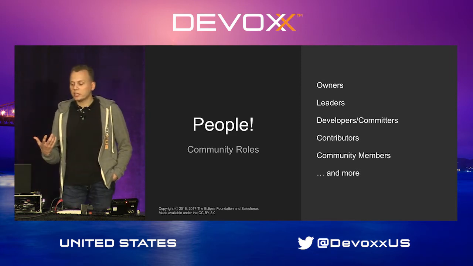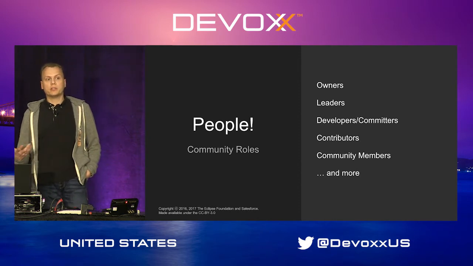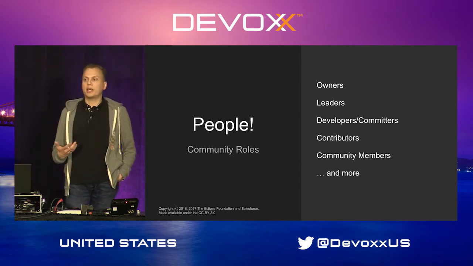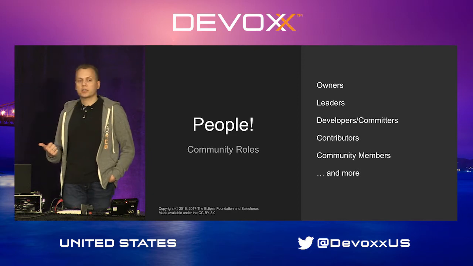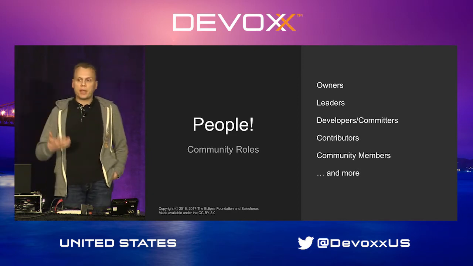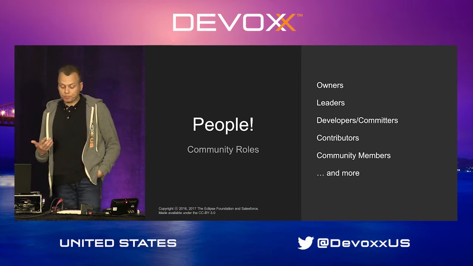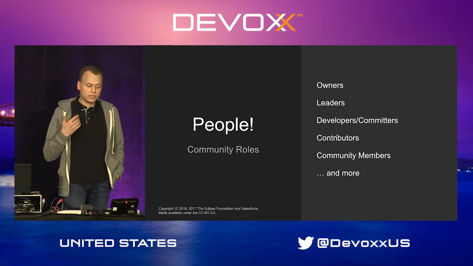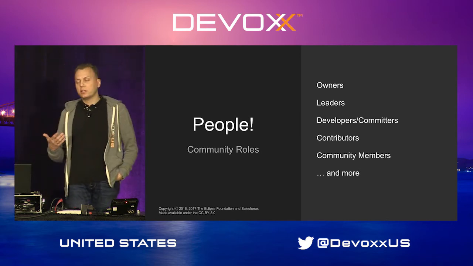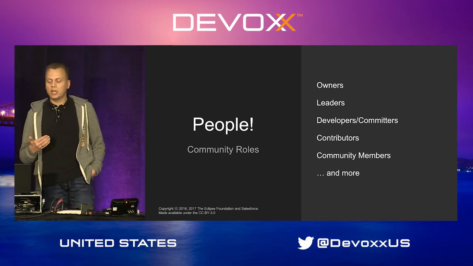The work on a project is performed by committers, by developers, by leaders that manage and run the project. It could be project management, release management, or technical architects that make the important decisions of the project. And of course, it depends on what level of success you define or want to set for yourself.